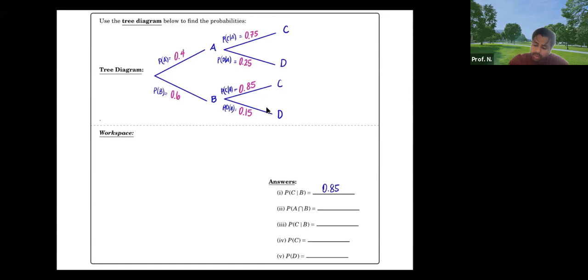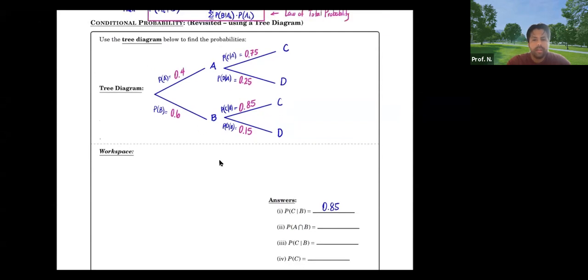I want to find the probability that A intersects B. Does anyone see what's the probability that A and B happen? What's the probability that A and B occur at the same time?